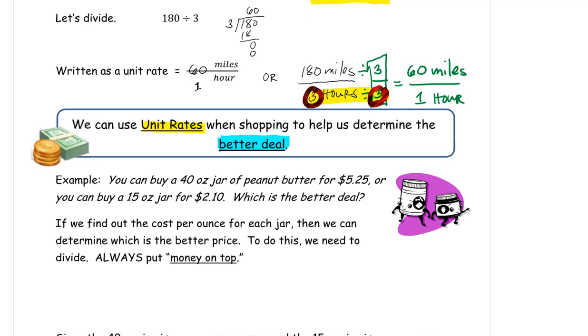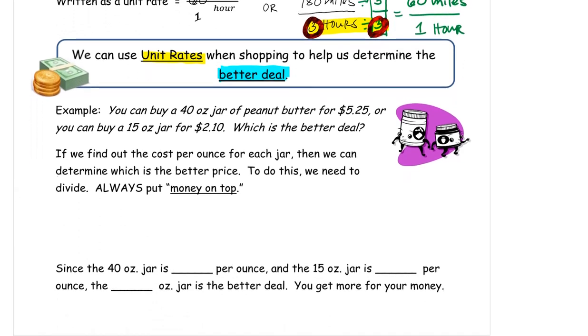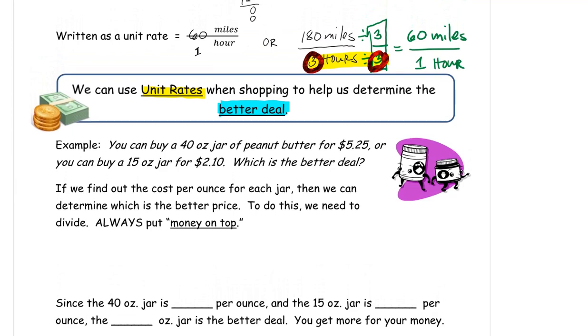So let's take this example here. You can buy a 40 ounces jar of peanut butter for $5.25, or you can buy a 15 ounce jar for $2.10. So which do you think is the better deal? You can think of this one as a rate because you have ounces and dollars.